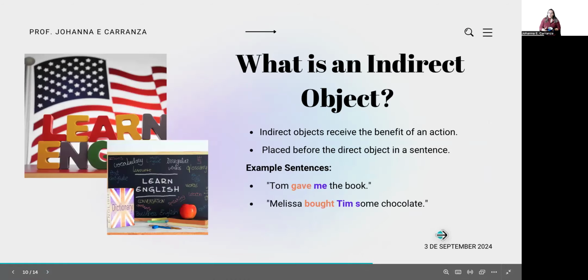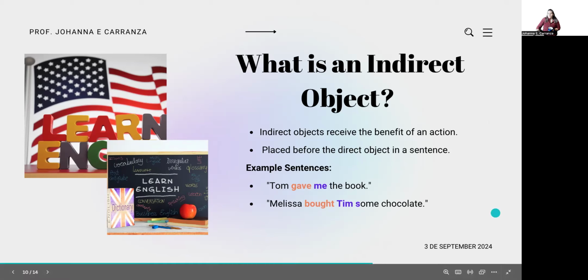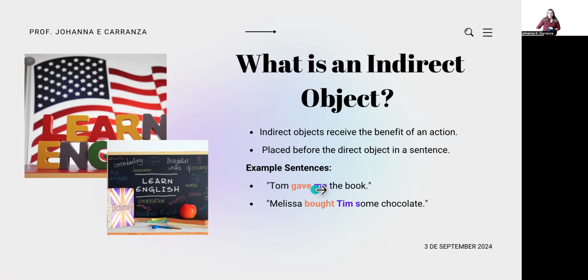Now we're going to talk about indirect objects. An indirect object receives the benefit of an action, and it is usually placed before the direct object in the sentence. For example, in here, we have Tom gave me the book.